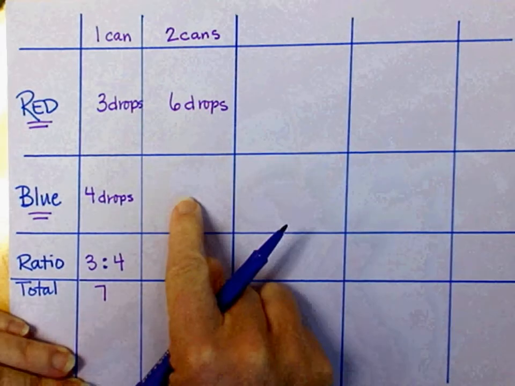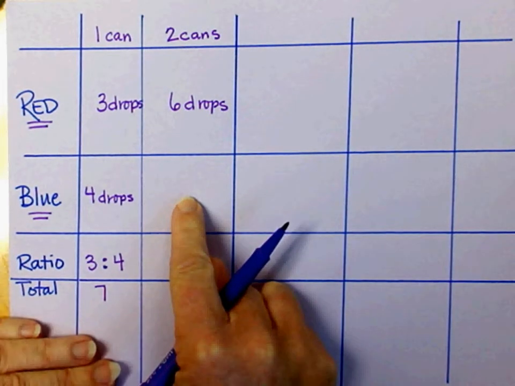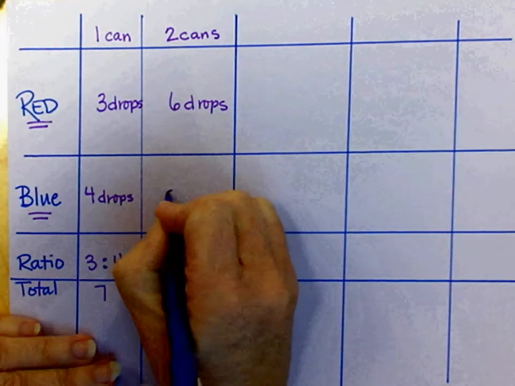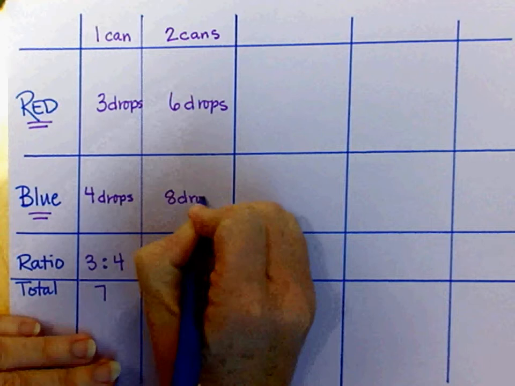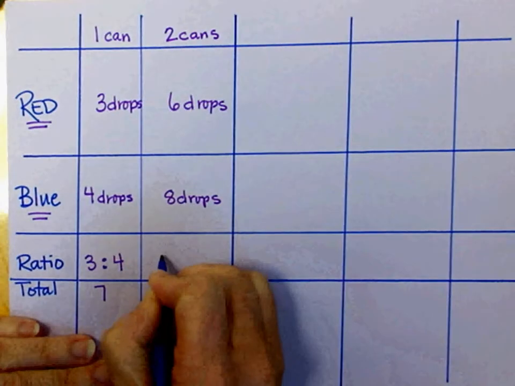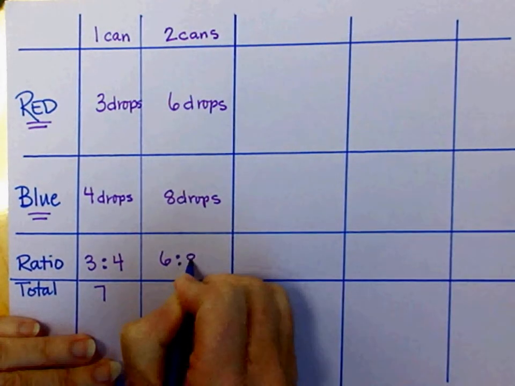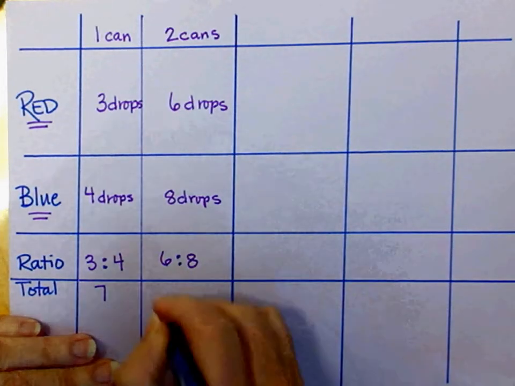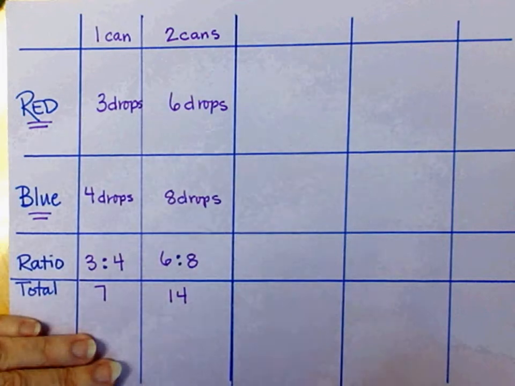And how many drops of blue go into 2 cans of paint? That would be 8 drops. My ratio would then be a 6 to 8 ratio, and I would have a total of 14 drops of paint.